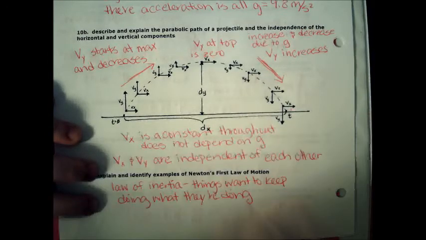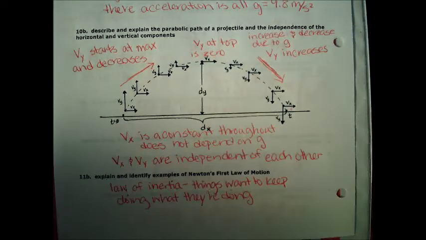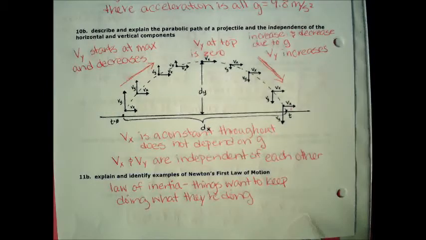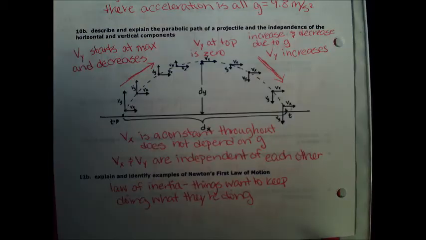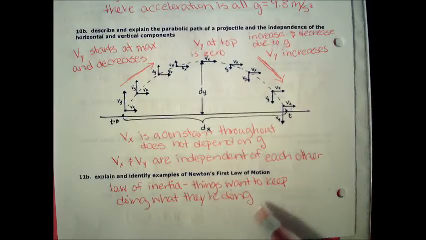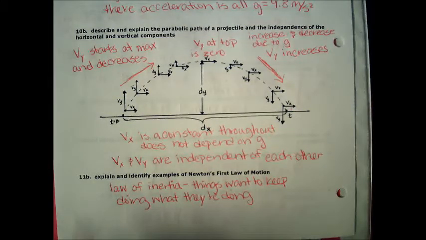If it's in motion, it wants to stay in motion. If it's at rest, it wants to stay at rest. An example of this is if you are in the car and your mom brakes really abruptly and you go flying forward, that's because you wanted to keep moving. You had inertia.